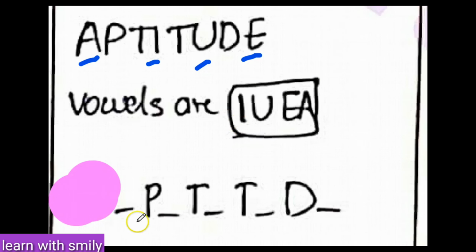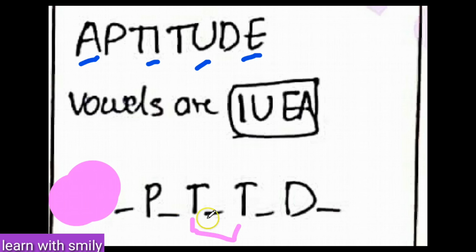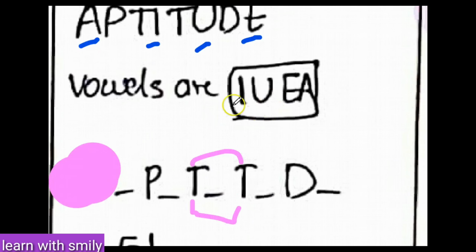As you see here, there is one thing that T has been repeated twice. That's the reason we have to write 5 factorial by 2 factorial. So there are 5 ways, but here T has appeared twice. So that's the reason we have written 5 factorial by 2 factorial into 4 factorial. This 4 factorial represents the vowels and the arrangement within themselves.